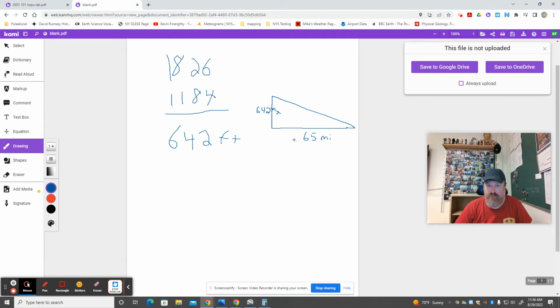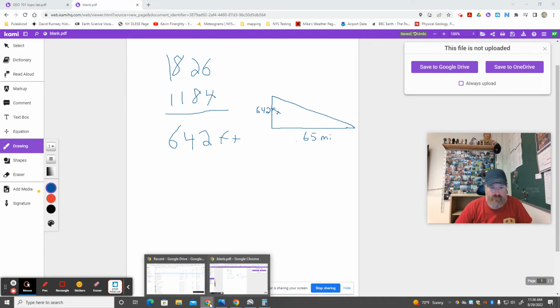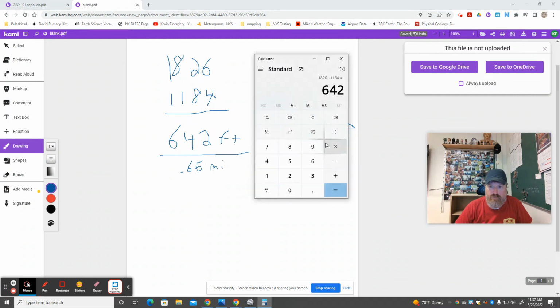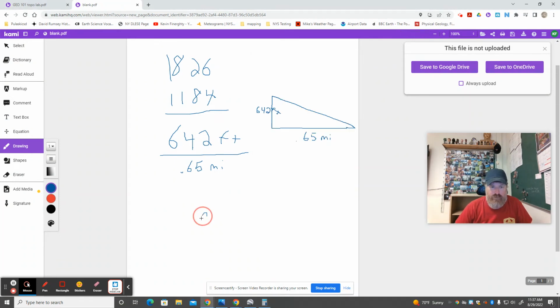So a gradient, like it says in your lab, which I'll come back to, is that divided by that, and that's it. So 642 feet over 0.65 miles. Our answer is 987.7.